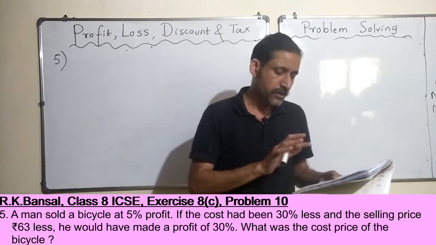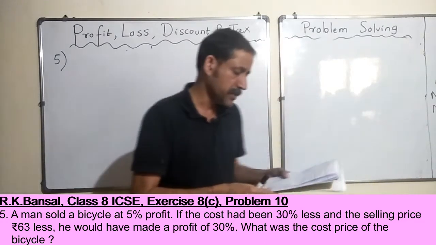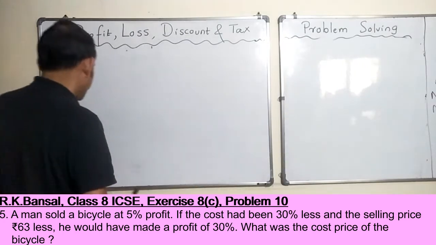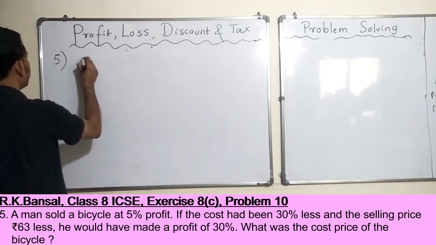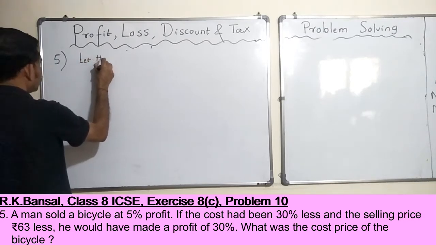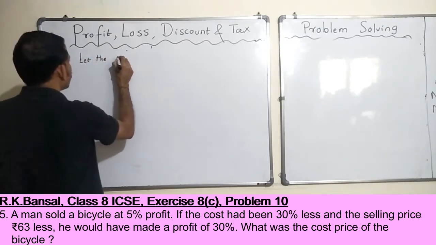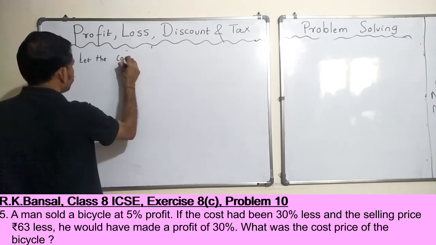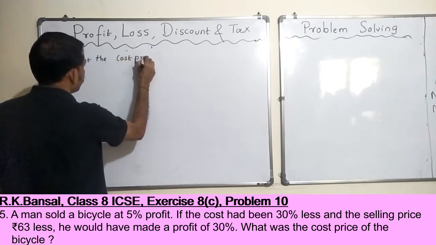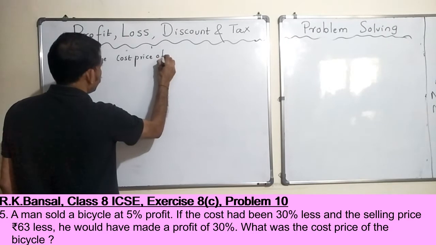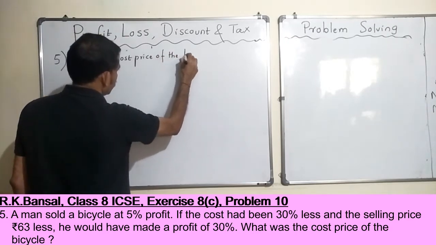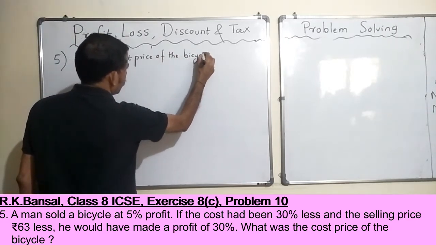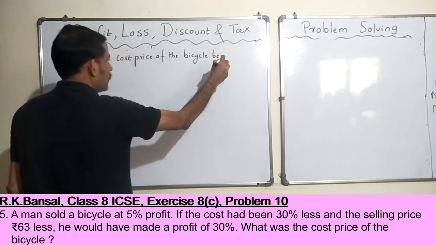Okay, so the man sold a bicycle at 5% profit. Let me write: let the cost price of the bicycle be rupees y.